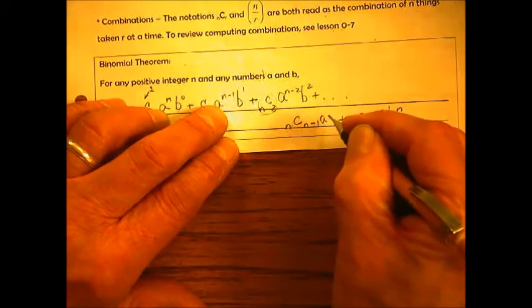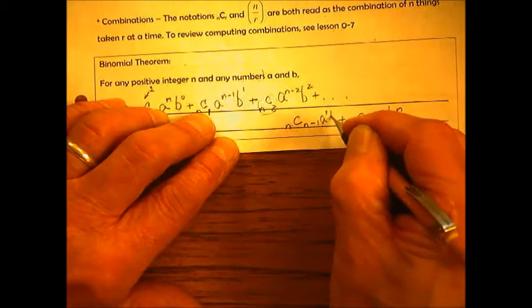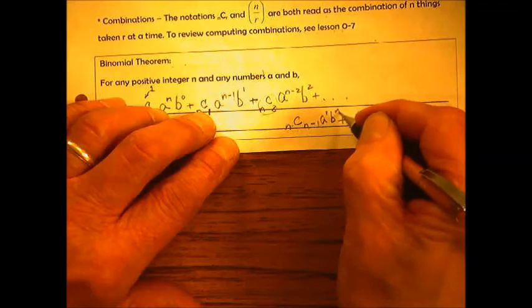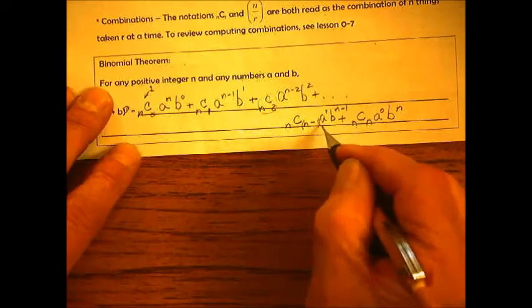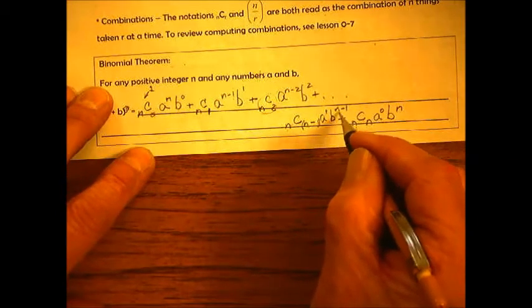This was a to the 0, this is going to be a to the 1. And this is going to be b to the n minus 1. So there are little parentheses around here. So the coefficient is n choose n minus 1 times a to the 1 b to the n minus 1.